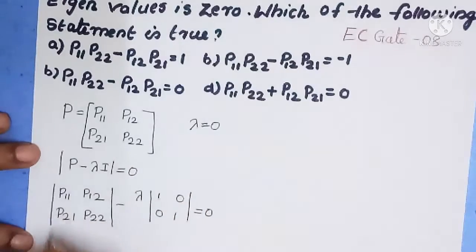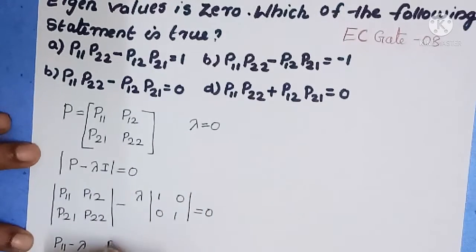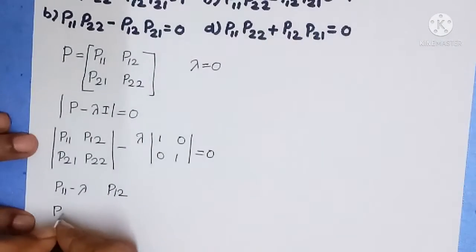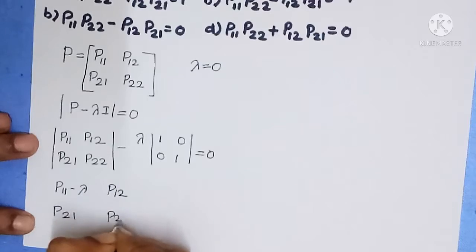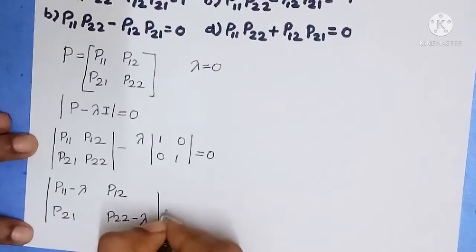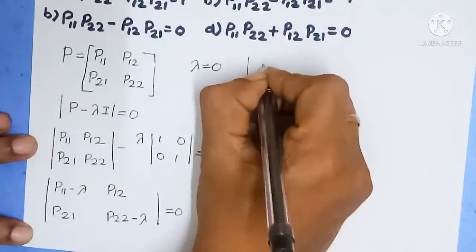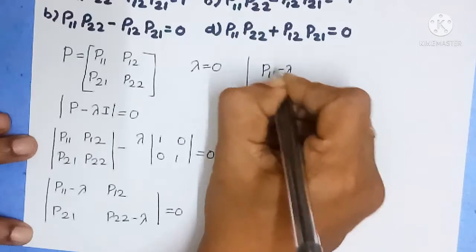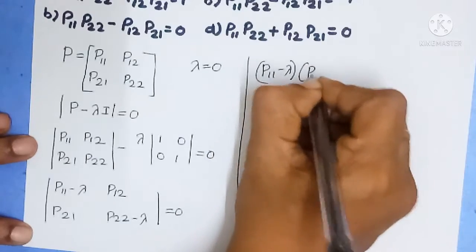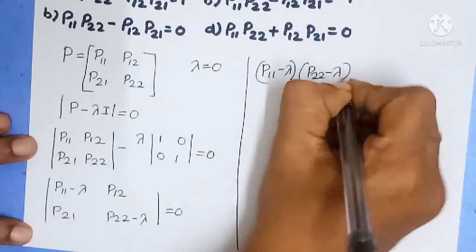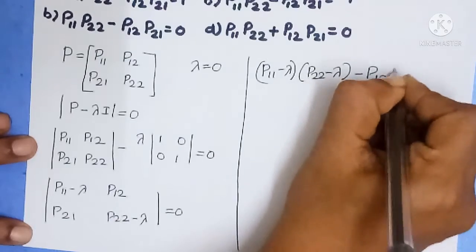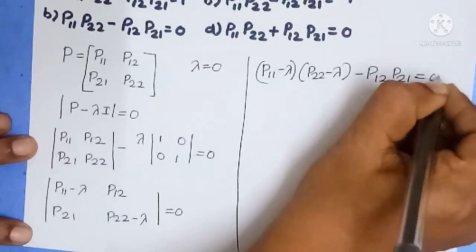We can subtract: P11 minus lambda, P12, P21, P22 minus lambda equal to 0. We can take the determinant: P11 minus lambda into P22 minus lambda minus P12 P21 equal to 0.